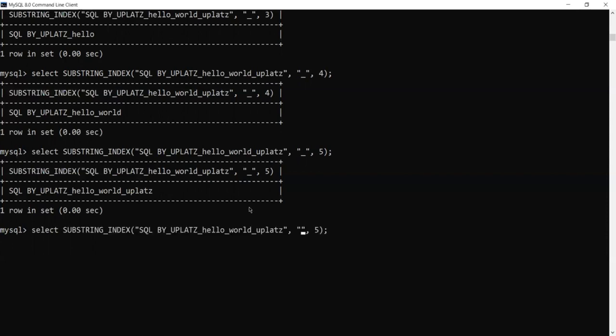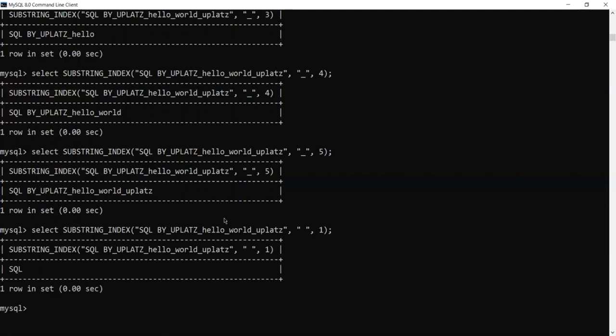Also, let me tell you one thing. If I do something like this and pass a space, now you can see that my delimiter here is a space, and in this statement there is just one space. So SQL will become my first section, and by uplads hello world uplads will become another section.